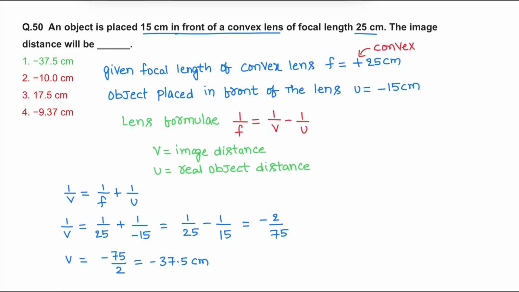Using this formula, 1 by v is equal to 1 by f plus 1 by u. 1 by v is equal to 1 by 25 plus 1 by minus 15, that is minus 2 by 75. v is minus 37.5 centimeters. The image distance is minus 37.5 centimeters. Correct answer is 1.